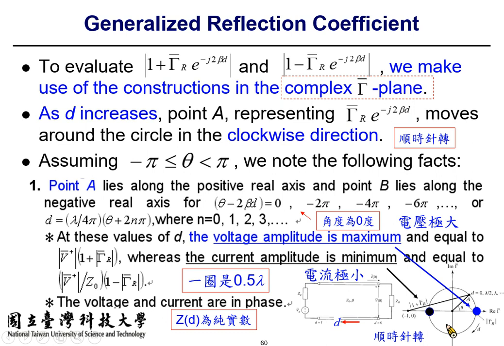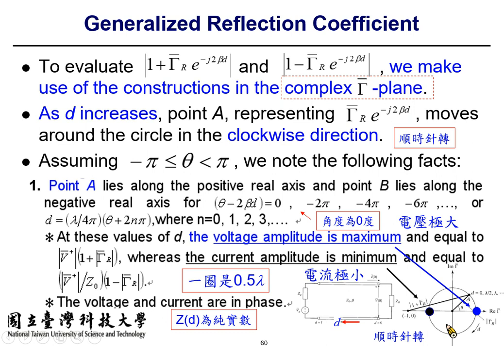And at this location, which means voltage at the maximum, current at the minimum, or voltage at the minimum, current at the maximum, both the voltage and currents are positive real number, and they will lead to pure real resistance.